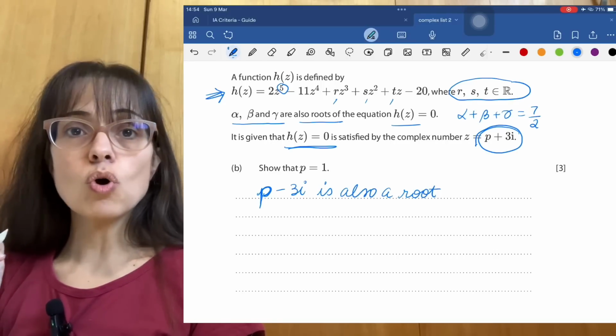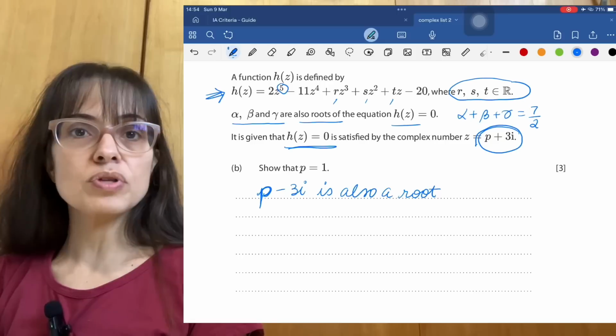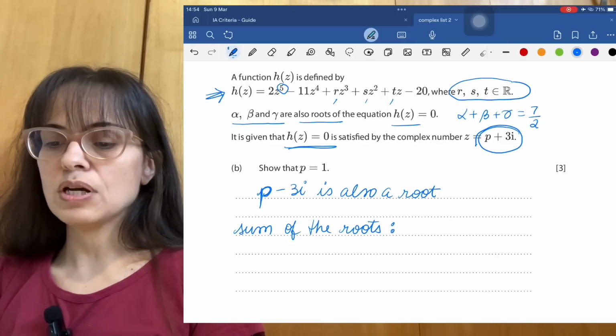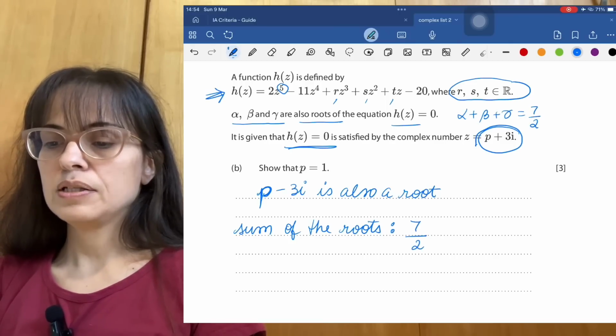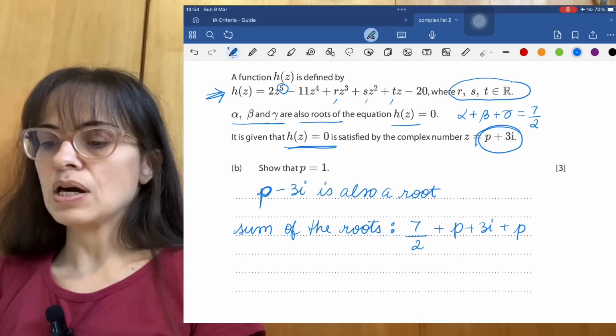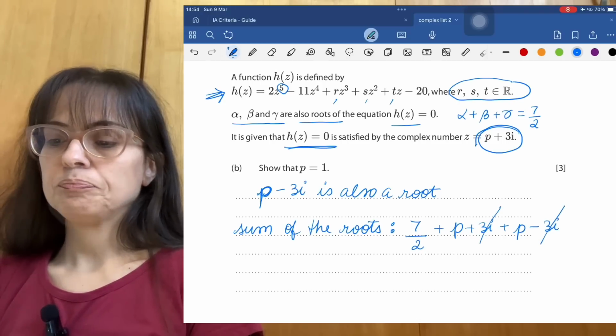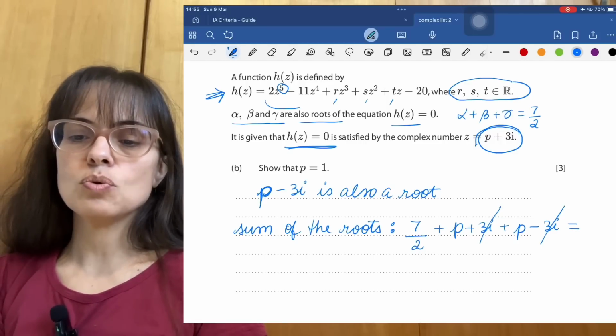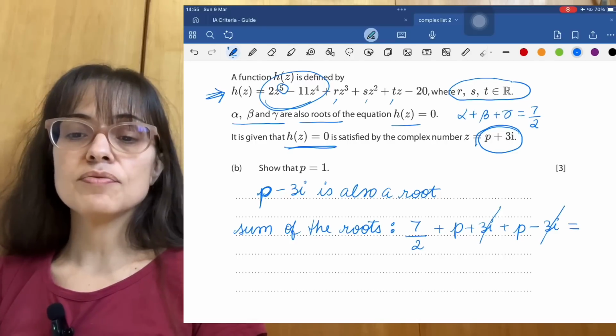So now I don't know all of the 5 roots, but I do know the sum of all of the 5 roots, because the first 3 added together is 7 over 2. And then I have the p plus 3i and the p minus 3i. These things cancel out. And I also know the total sum of the roots, because of these coefficients here, is 11 over 2.